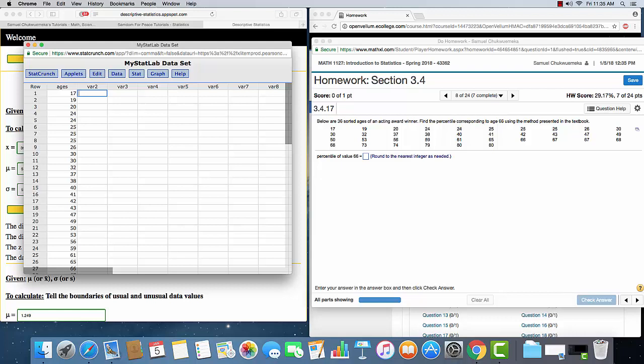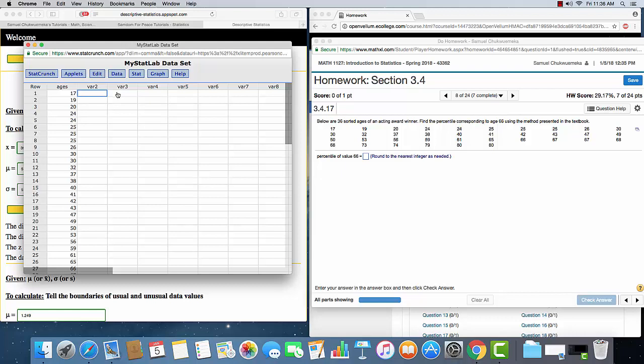Then you divide that by the total number of ages, and you multiply by 100. So for us to do that, we have to arrange the data in ascending order.